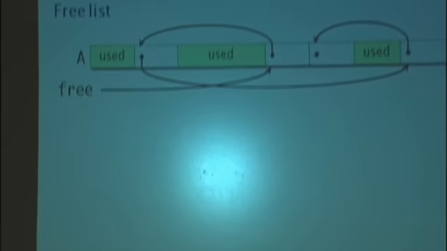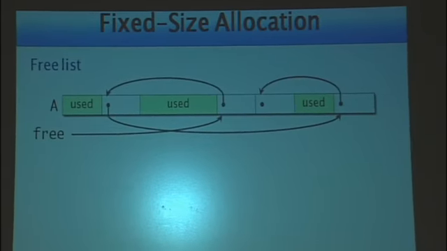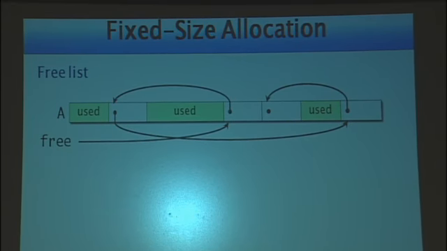What you have is an array that you're using for storing all of your values, and they're all the same size. You have a certain number that are used, which means that the program is using them, not the storage allocator.